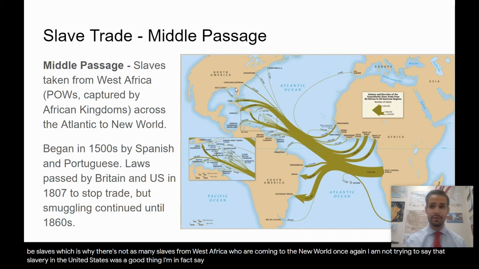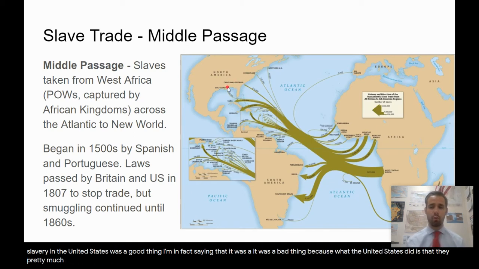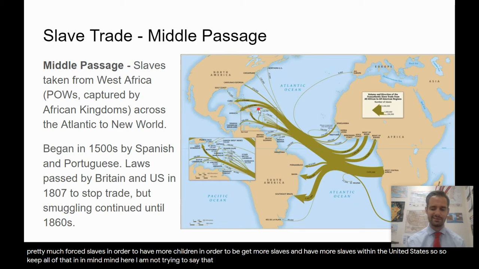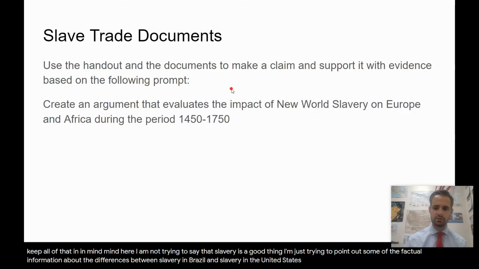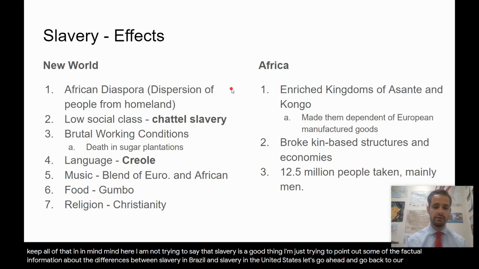I'm in fact saying that it was a bad thing, because what the United States did is that they pretty much forced slaves to have more children, in order to beget more slaves within the United States. So keep all of that in mind here. I am not trying to say that slavery is a good thing. I'm just trying to point out some of the factual information about the differences between slavery in Brazil and slavery in the United States. Let's go ahead and go back to our effects here.